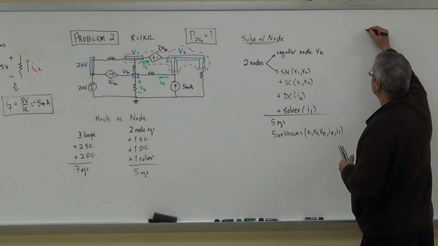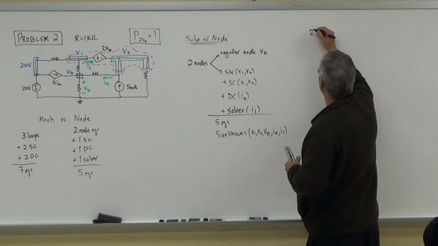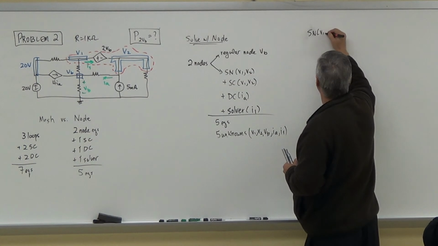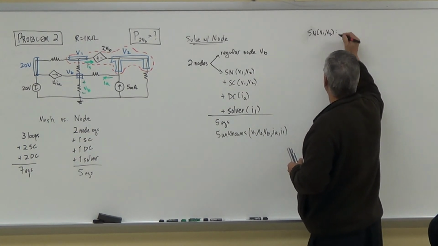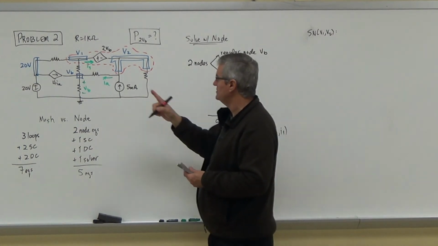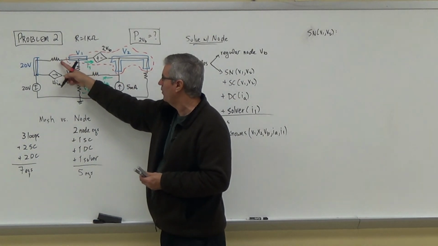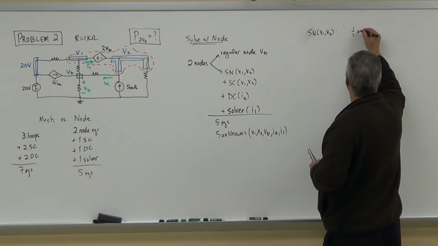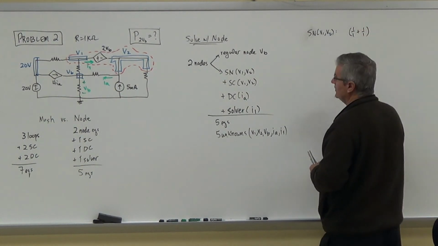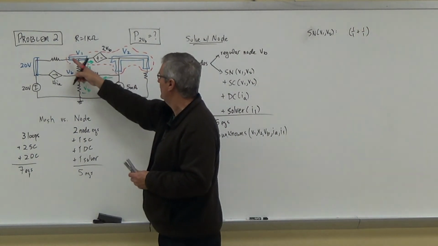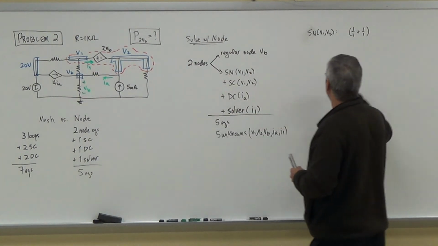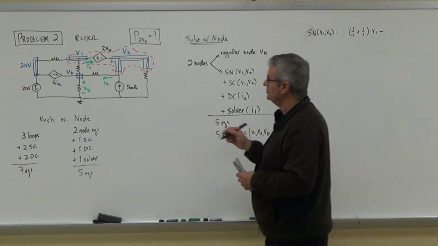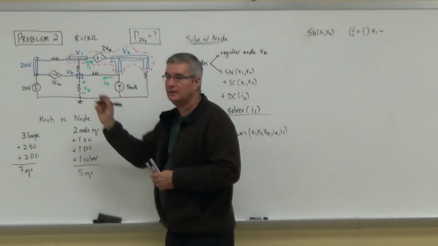So let's write that up now. Here we go. I'm going to do the supernode first between V1 and V2. So if I do that, then I count here, I got 1 plus 1. I'm going to keep writing 1 plus 1 just to remind you that we're doing node here. Right? 1 plus 1 times V1 minus the mutuals, which will be VB and 20.